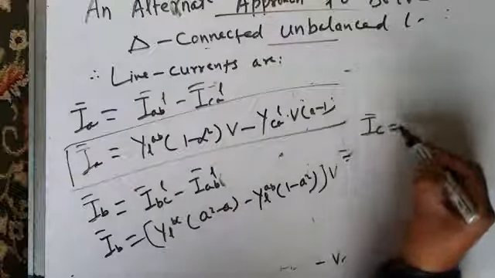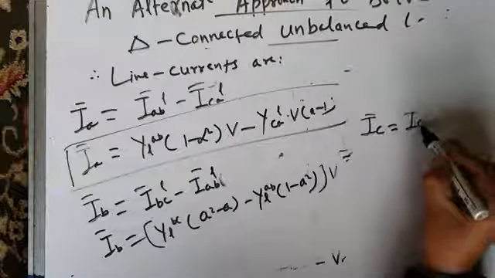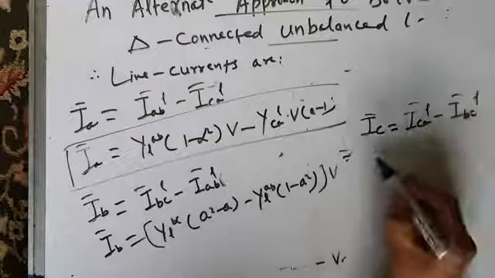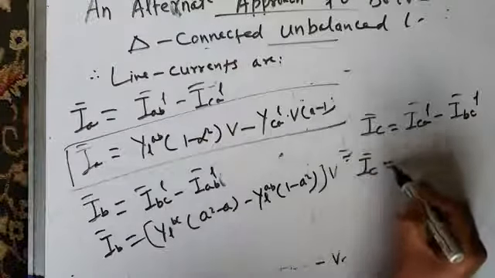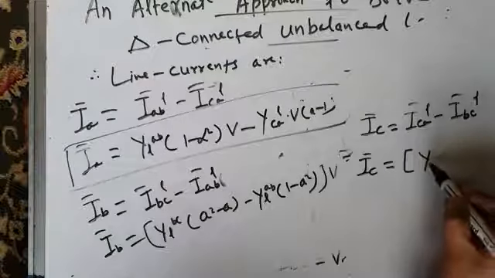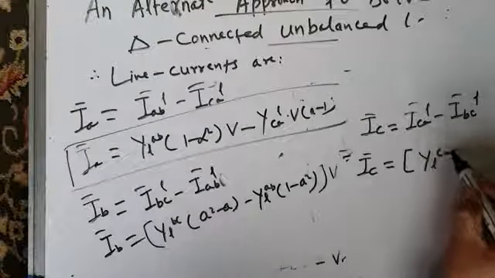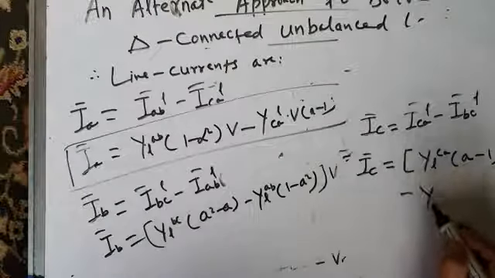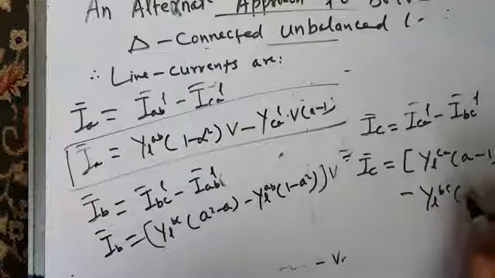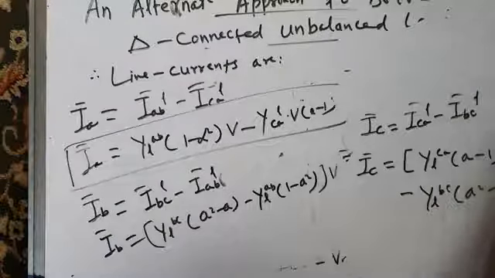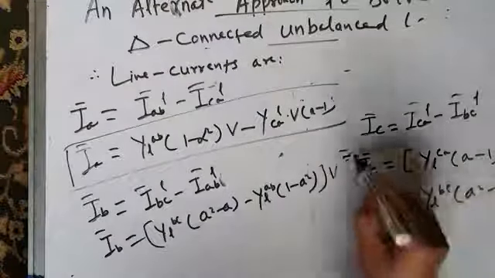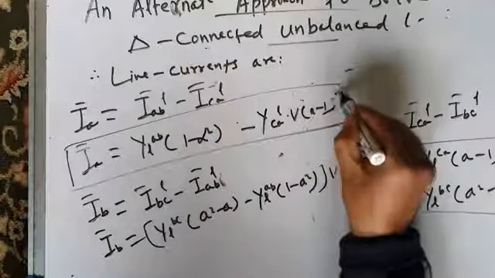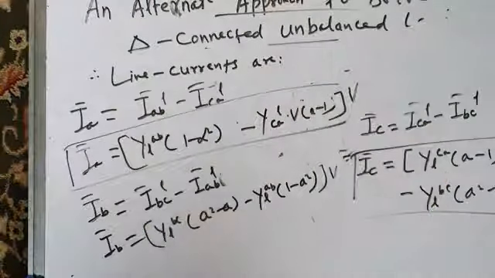What is IC? IC is equal to ICAL minus IBCL. And IC will be equal to YLCA into A minus 1, minus YLBC into A square minus A, whole multiplied by V. You can take V out as common in this, and in IA also you can take V out.